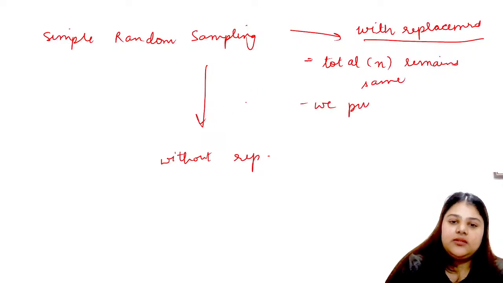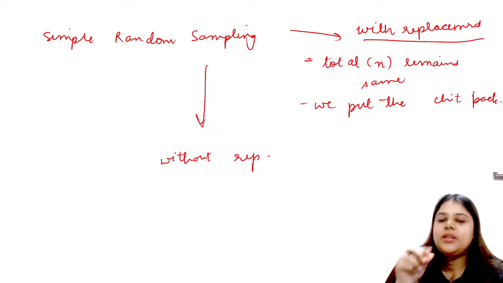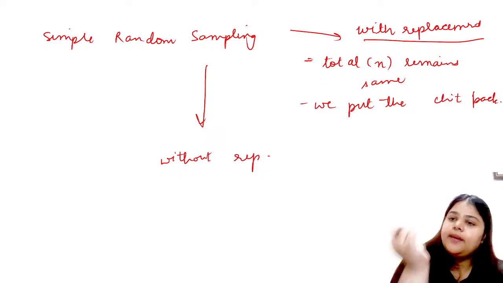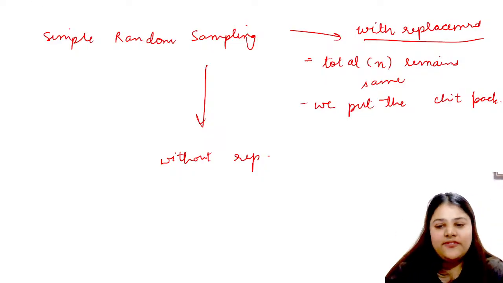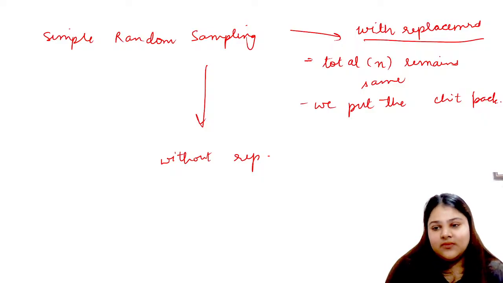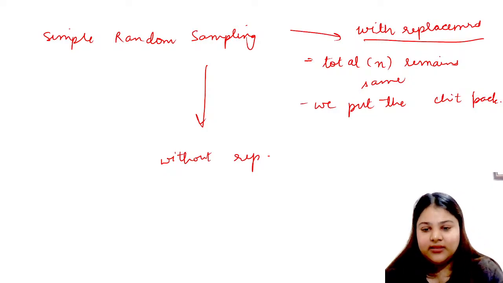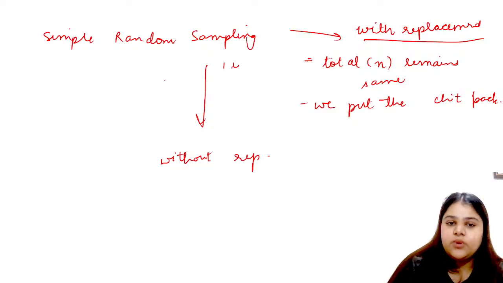We put the chit back, which means the data or the person that we have selected, we are putting them back in the lot. Now you tell me one thing. Don't you think it will increase the chances of selecting that particular chit one more time? For example, if you are playing Tambola, we have numbers ranging from 1 to 100.